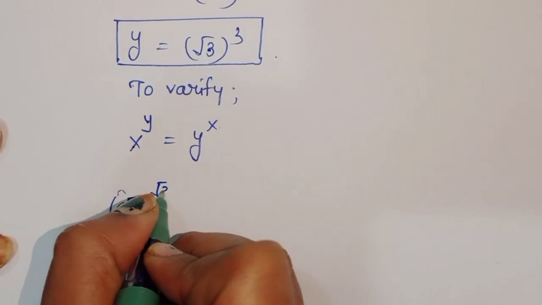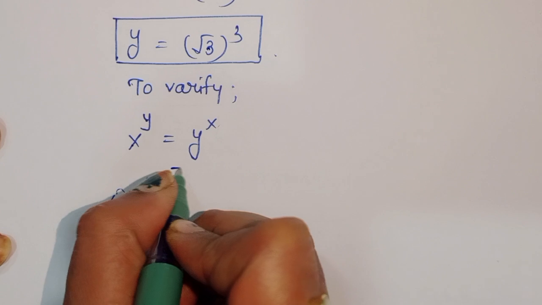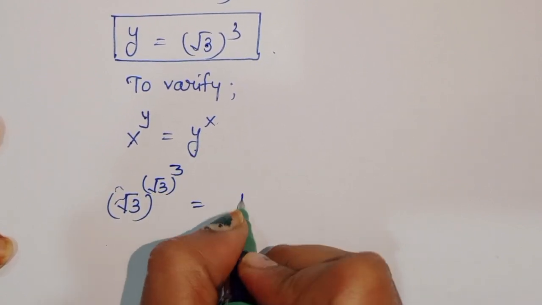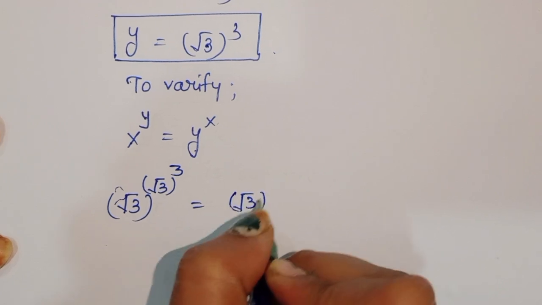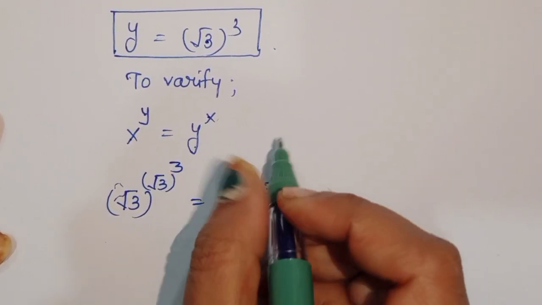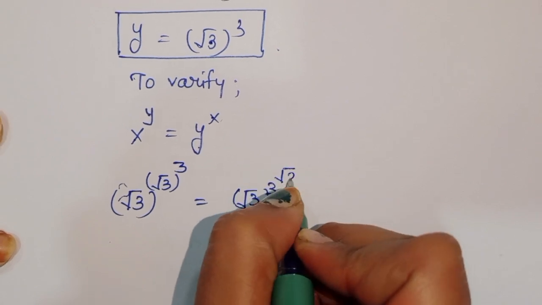So x power y is the square root of 3 raised to 3, equal to y power x, the square root of 3 raised to 3 power x.